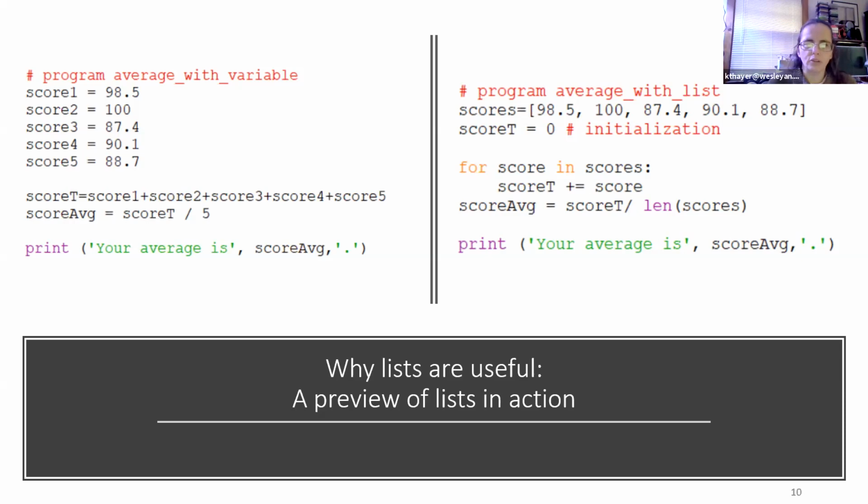Let's see where that also helps out really well. Comparing on the left, you see that our average is obtained by dividing by 5, which is a fixed number because we happen to have 5 test scores. But again, suppose we have a 6th one, what are we going to do? It's not going to work. So you have to hard code this into the number of score items that you have.